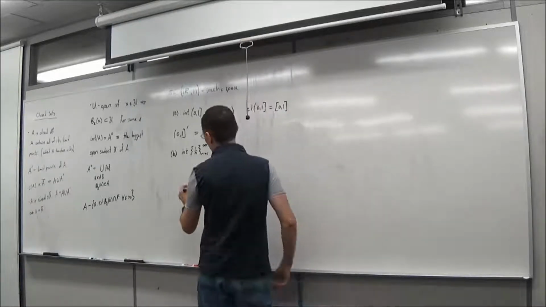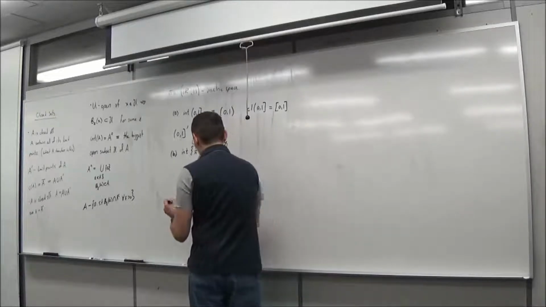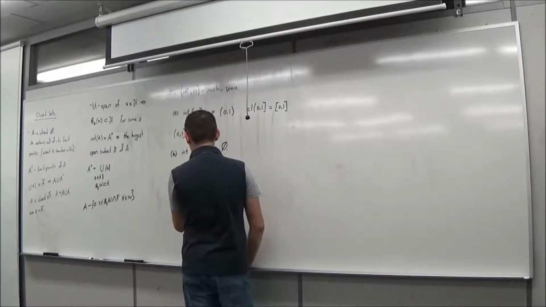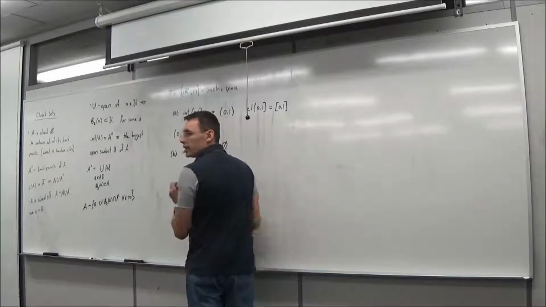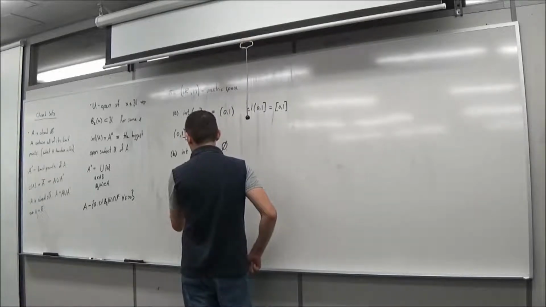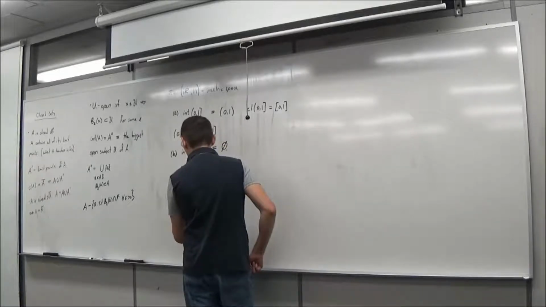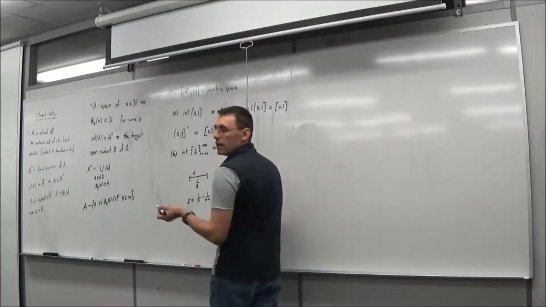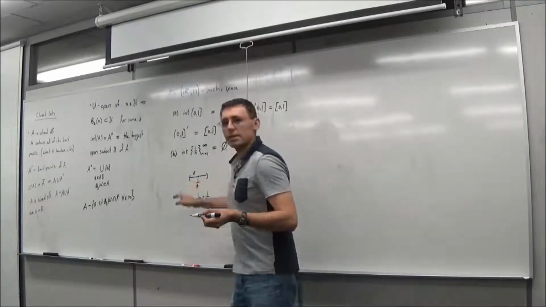No one is defensible. Because here, if you don't see it, I'll erase this part. So what you can do is you just take the element 1 over n and ask, can I defend it? So what you do is you take the distance epsilon, and you take epsilon to be equal to 1 over n minus 1 over n plus 1. Right? So that's the closest guy to it.